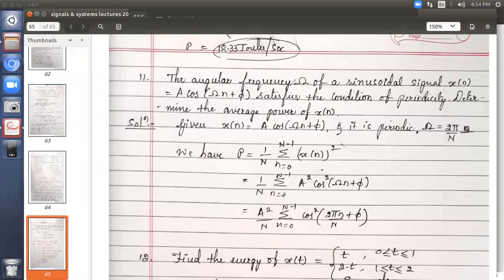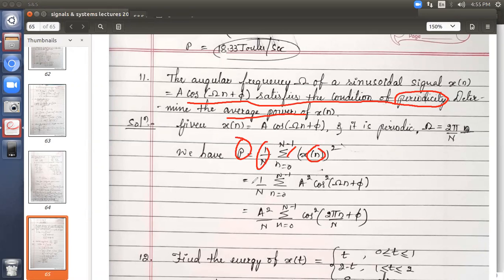Next question. The angular frequency of a sinusoidal signal a cos omega n plus 5 satisfies the condition of periodicity. It means they have given you that it is periodic. Cos signal, it is periodic. And we have to find the power. So already it is given. Directly take the power equation. P equals 1 by N summation from 0 to N minus 1 of signal square.